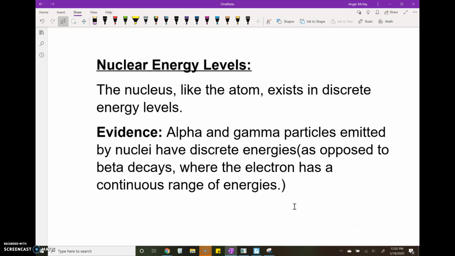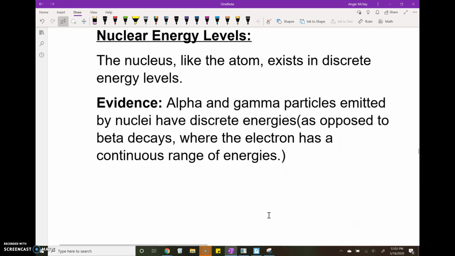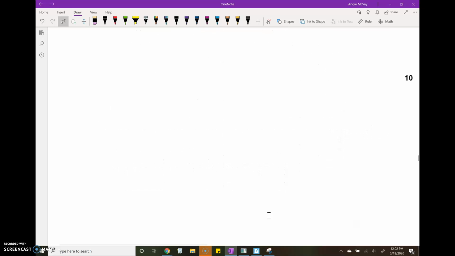They come from a nucleus, and because both alpha and gamma particles have discrete energies, it was hypothesized that just like electrons have discrete energy levels, so does a nucleus. So alpha and gamma particles are emitted by a nucleus and have these discrete energies, and so the nucleus must also have energy levels, just like electrons have energy levels.